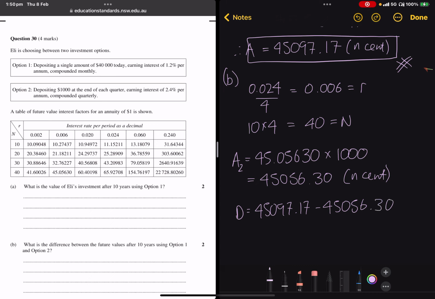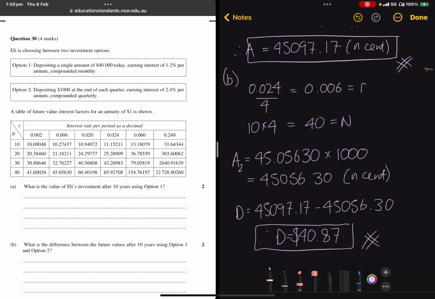So therefore the difference between the two, 45097.17 minus 45056.3, my calculator tells me this is $40.87. So this is the difference, and this is the answer that we're after for part B.